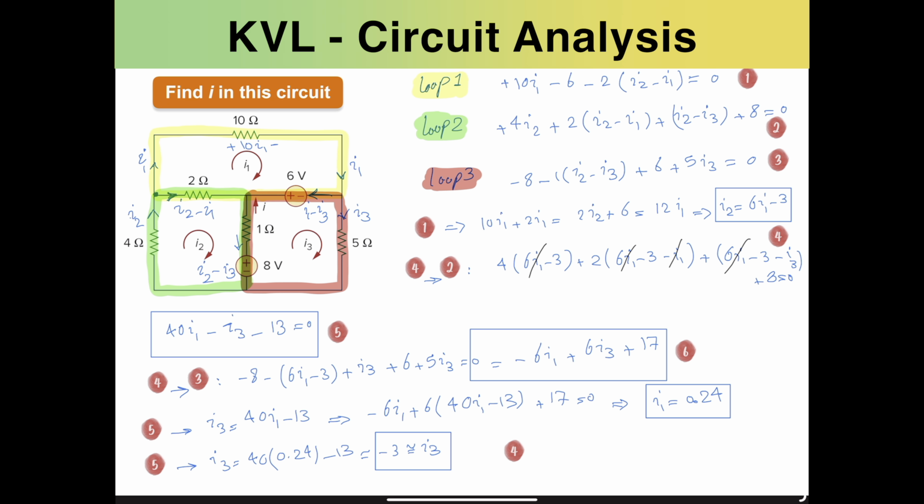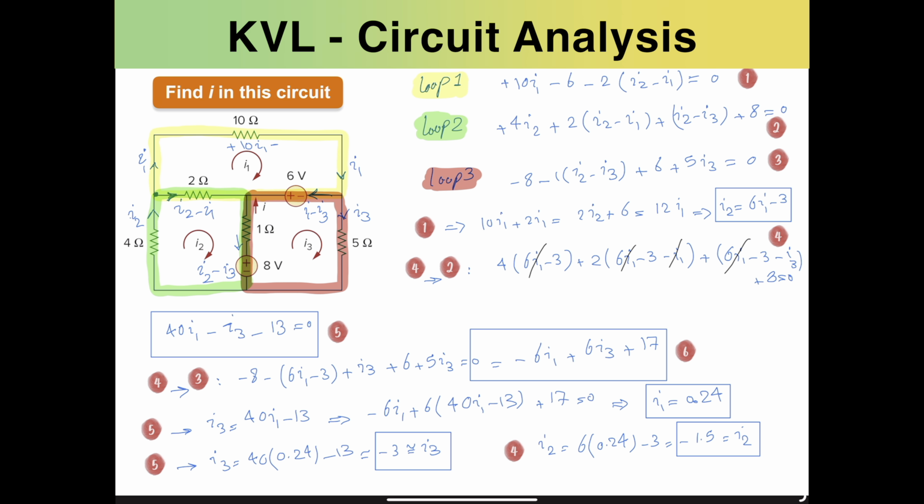Equation number 4, we have i2 equals 6i1, and i1 is around 0.24, minus 3. So it would be around minus 1.5. This way we could find all of the currents that are flowing through different parts of this circuit.